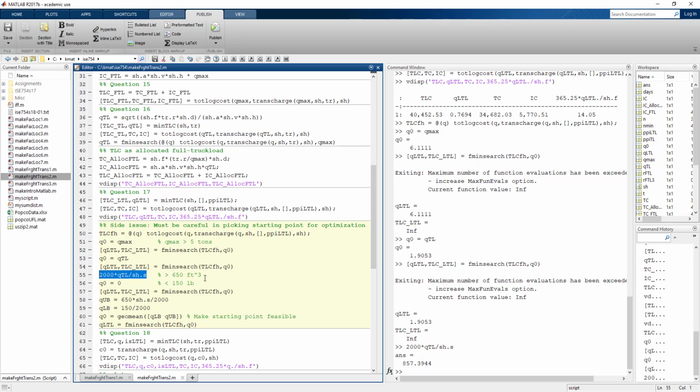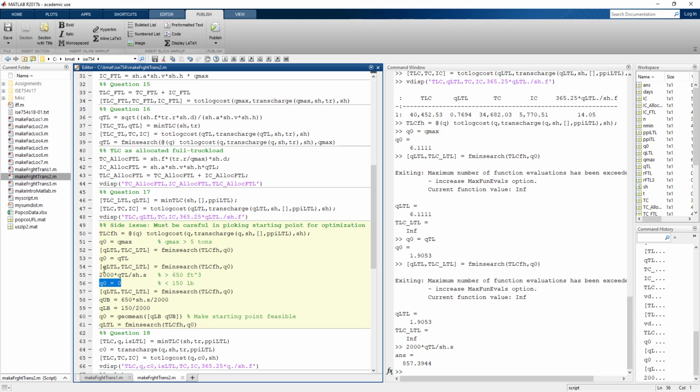It's probably not the case that you'd want to go all the way to independent point to point, but you'd want to contact a carrier and combine with other shipments and ship a much larger quantity than would be feasible for shipping as LTL. You could think of LTL as being sort of like UPS or FedEx for a couple pallets. But once you get more than a couple pallets, you probably want to consider other types of truckload shipments greater than LTL. So that is what this is actually telling you.